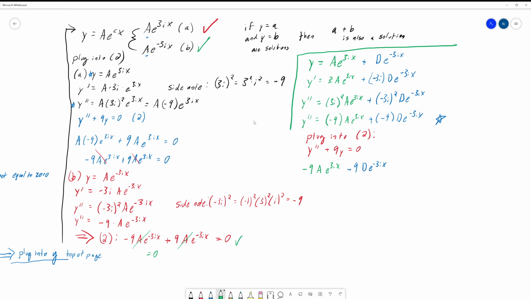And then we're going to do plus 9 times, reading from this line here, a times e to the 3ix plus d e to the minus 3ix. Okay, and that has to equal 0. And so we can see, I'm just going to distribute the 9 here.